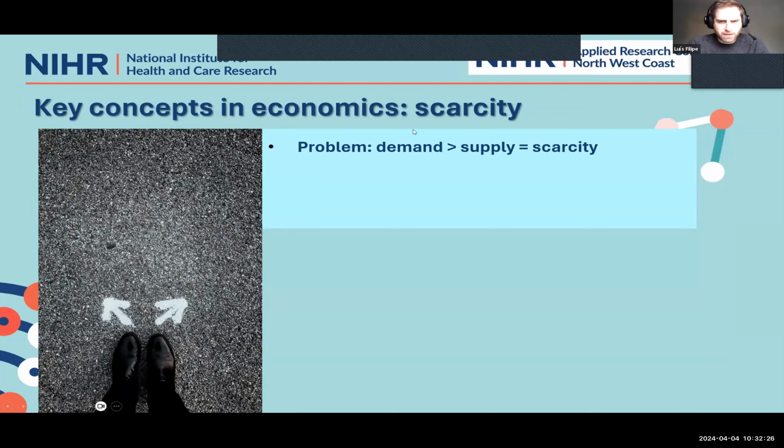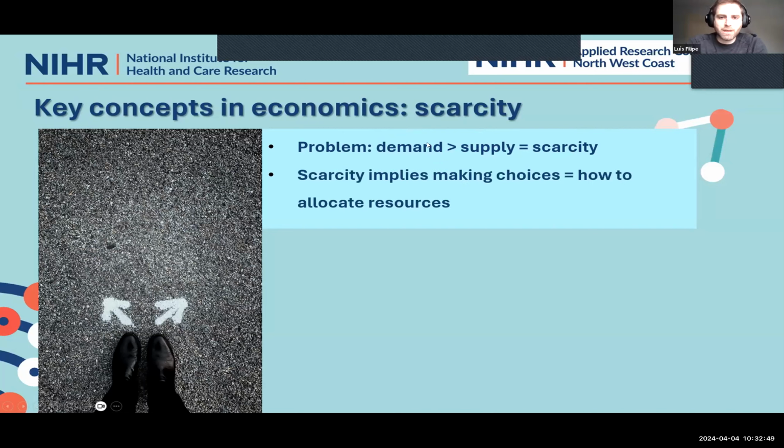Let me just tell you that this is a little bit incorrect. We have that the problem is that demand is higher than supply, equal to scarcity. Technically, this is incorrect. It shouldn't be demand, it's need. It shouldn't be supply, it should be resources. So need is always higher than resources, which leads us to scarcity.